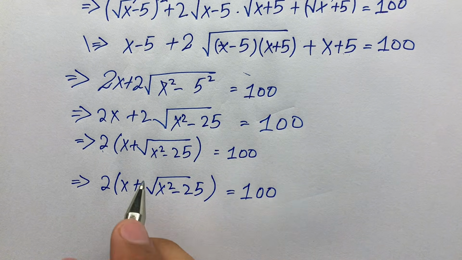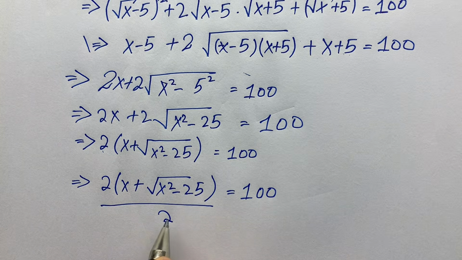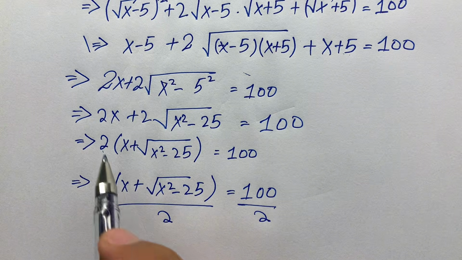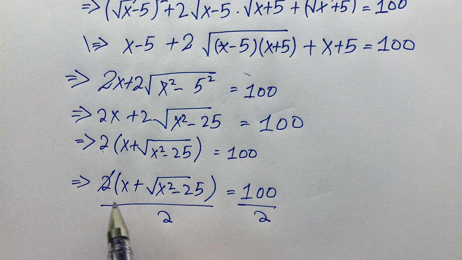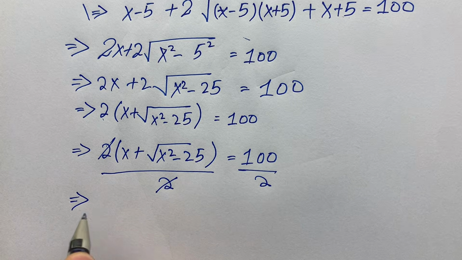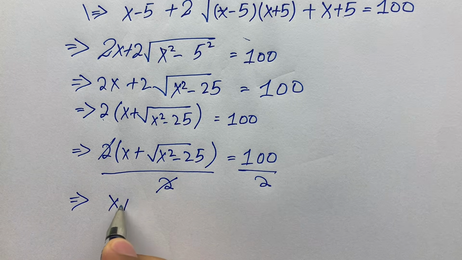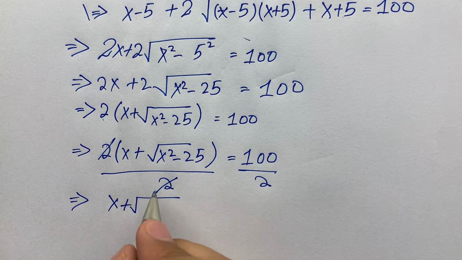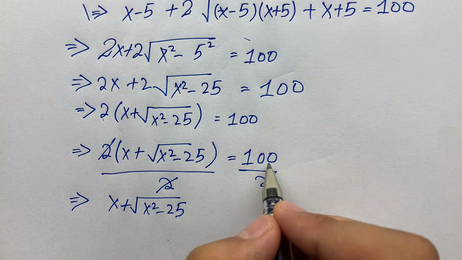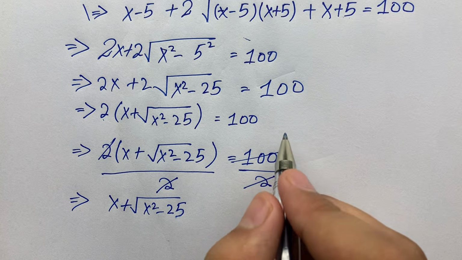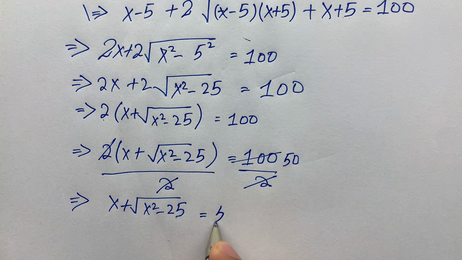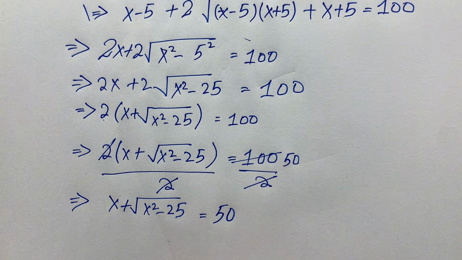Now we divide both sides by 2. The 2 cancels with the 2, and this side remains x + √(x² − 25), and this side 100 divided by 2 is 50.